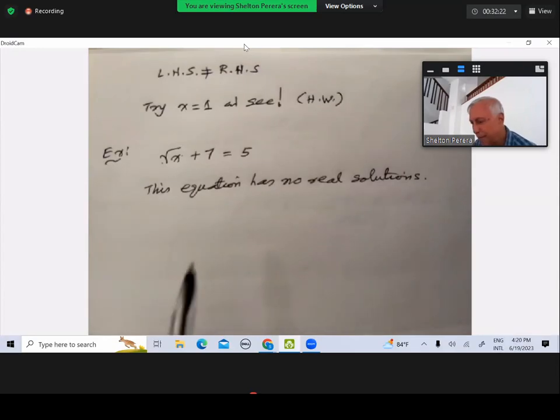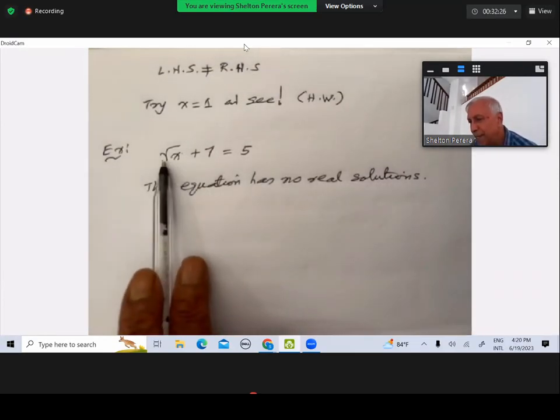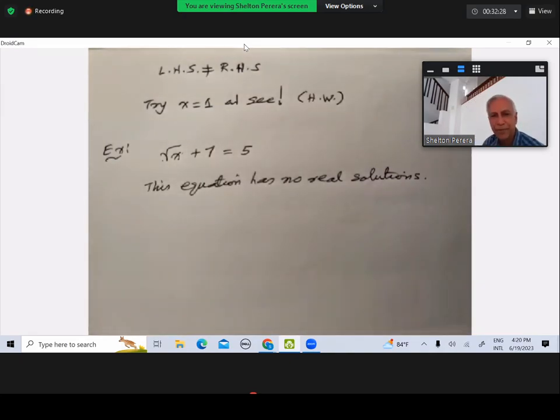But if you try any real number, this equation is not satisfied. So no solutions. Writing an equation would not tell us that it has solutions. Equations may or may not have solutions.